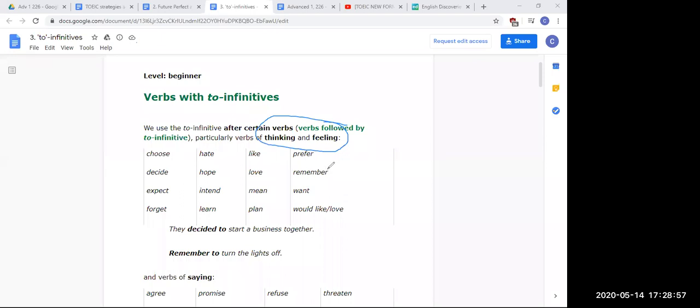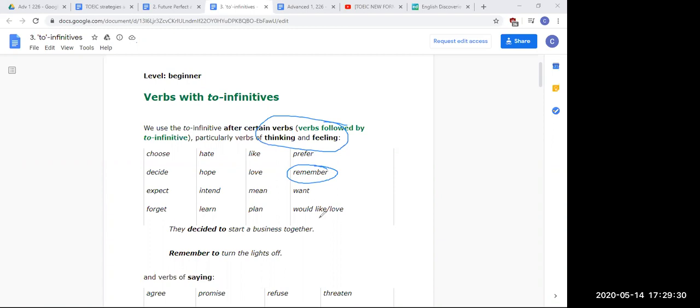Remember's strange because when we use it with the infinitive, it means you carried out an action that you intended to do in the past. So, for example, if you make a plan, you say, tomorrow, I am going to go to the bank.